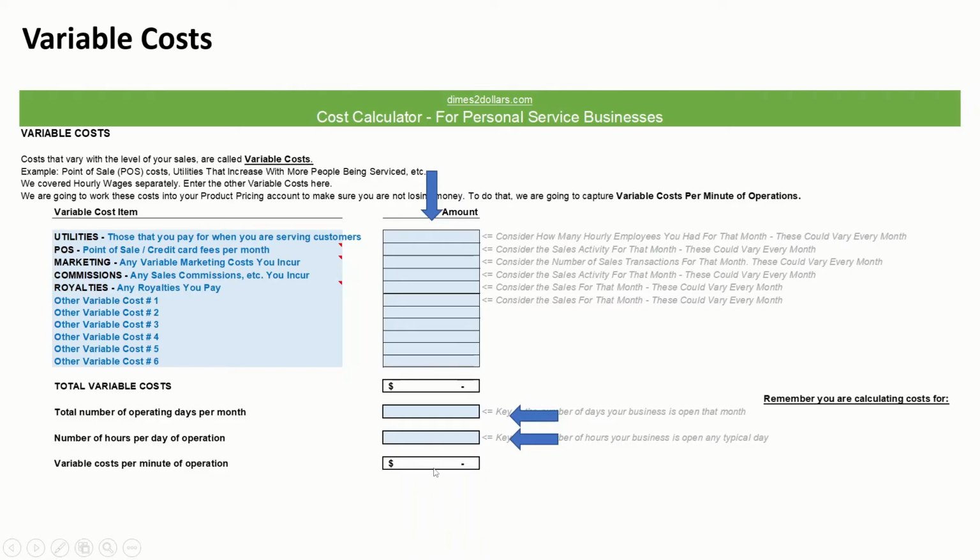And then the file takes this number here and includes it in the costing tab we just saw just before this. So that way your variable costs are actually getting included in the cost of providing services in your business.